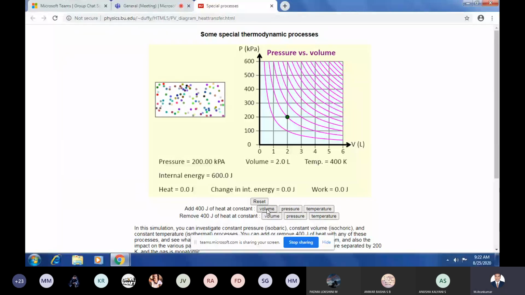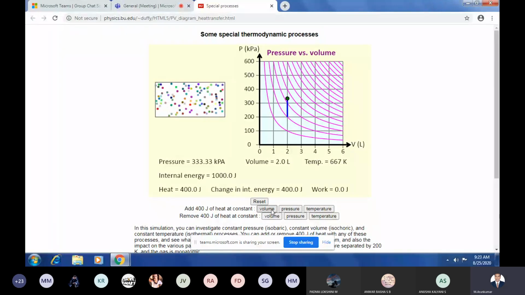We check the volume. So this is a constant volume process. So the volume V becomes constant. Also pressure will increase. If you add 400 joule of heat energy to the system, we get increased pressure, but we don't have a change in volume.